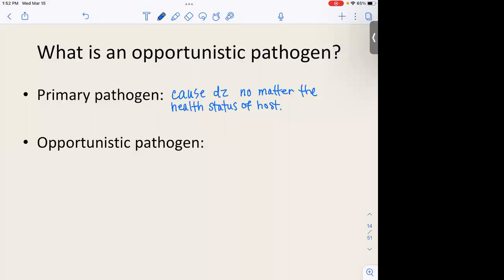An opportunistic pathogen, though, will only infect hosts under the right circumstances. So let's say they only cause disease in situations where the host's immunity is compromised.